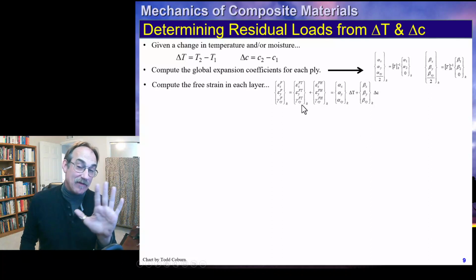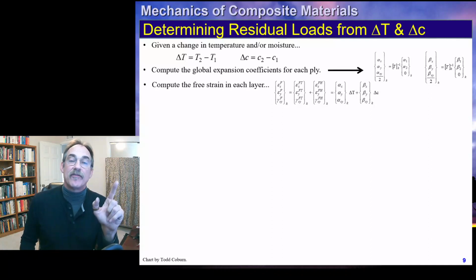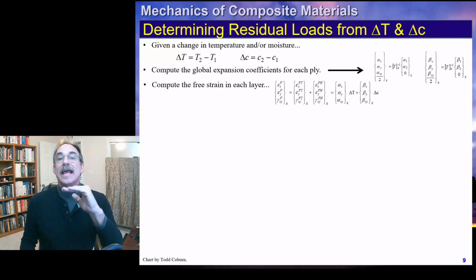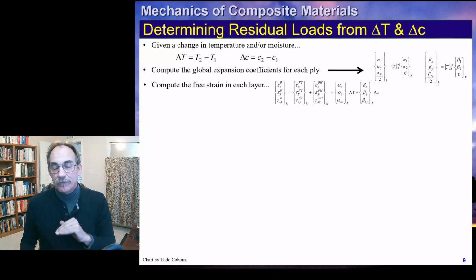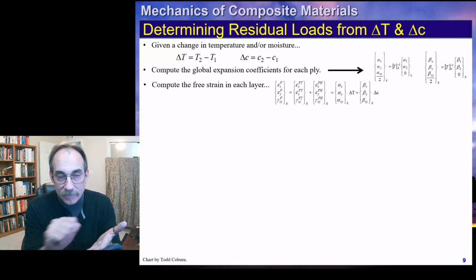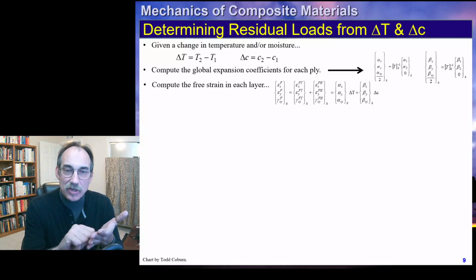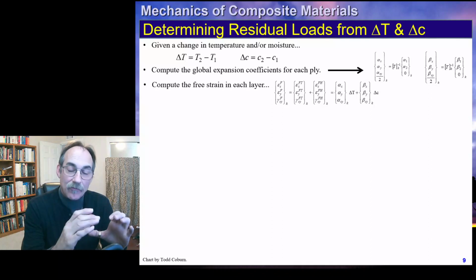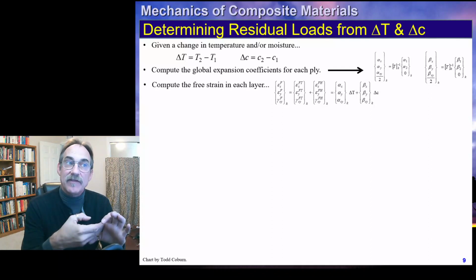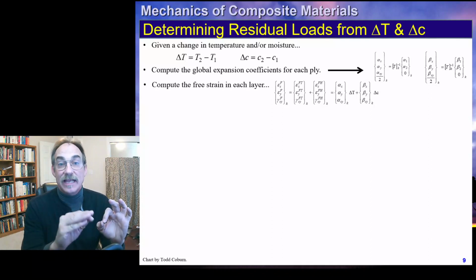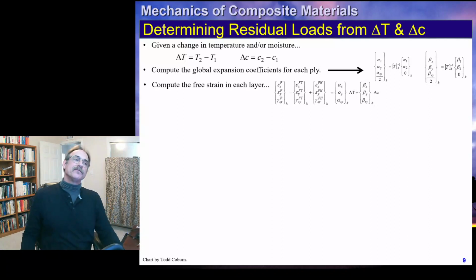So once again, if we have 5 lamina in our laminate, we're going to do this 5 times. We'll have a set of free strains for each and every layer. When we're doing this on our paper, that means we have to carefully do these calculations and carefully document them so we can find the values when we use them a little later in the analysis.